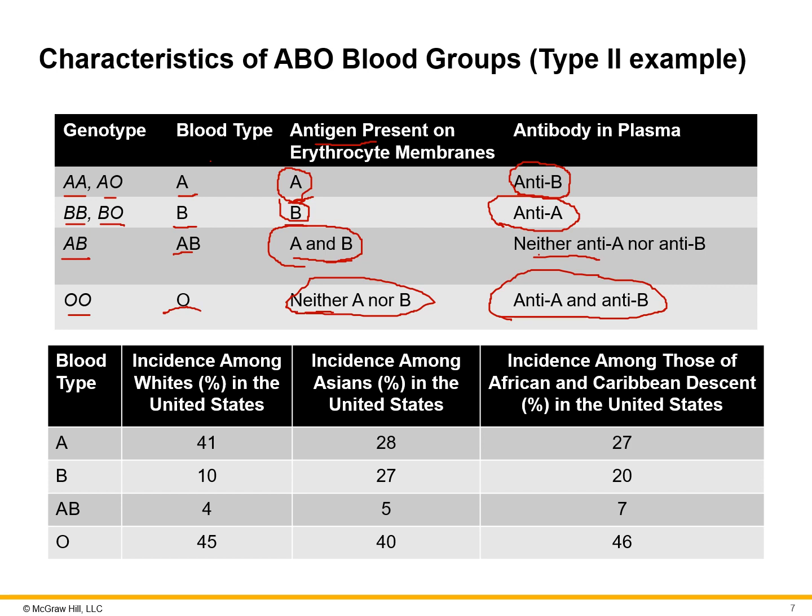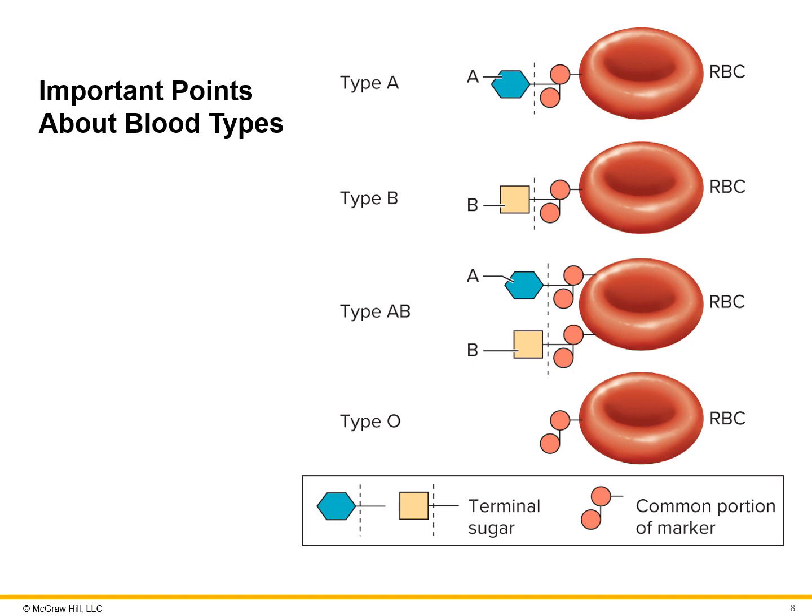The bottom here is just giving us some percentages. But what this is showing is, again, what these cells look like. So again, type A, we're just talking about a protein or a molecule that is placed on the red blood cells. It sticks off of that membrane.